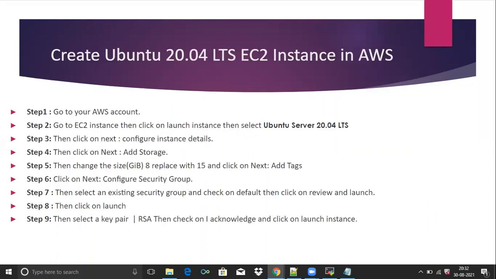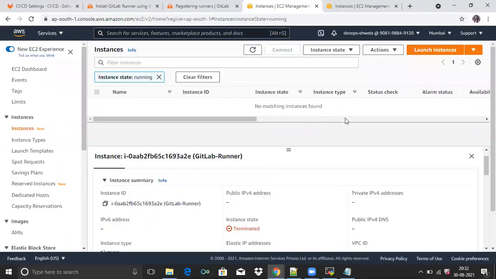So firstly, how to create an Ubuntu 20.04 LTS EC2 instance in AWS. Let's see the steps. Now we will follow the steps. First step is go to your AWS account. You can see I have already logged in.